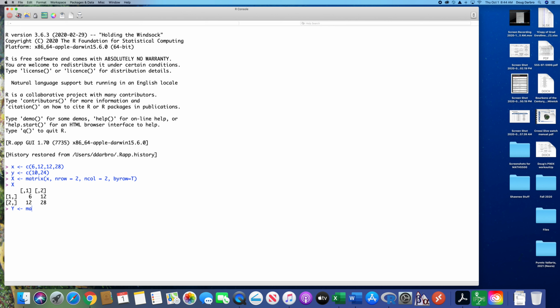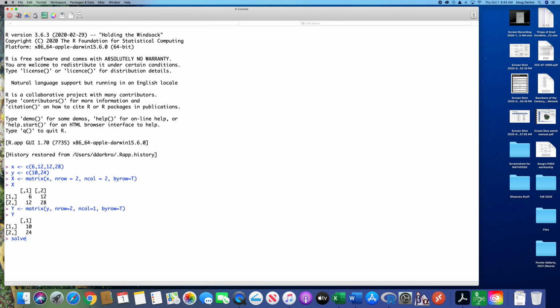Y is just going to be another matrix, but using the Y entries. So nrow equal 2, ncol equal 1, and byrow equal TRUE. All right, so Y, we get that. Now, if you think about what we need, because we have our X matrix times our beta matrix, B0, B1, equal 10, 24, we need to take the inverse of the left matrix.